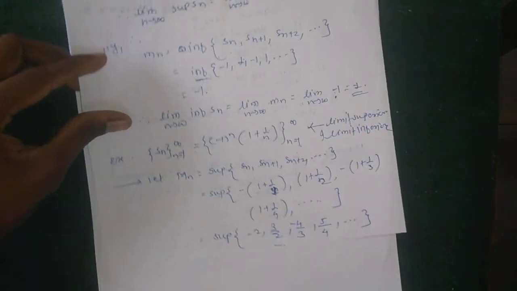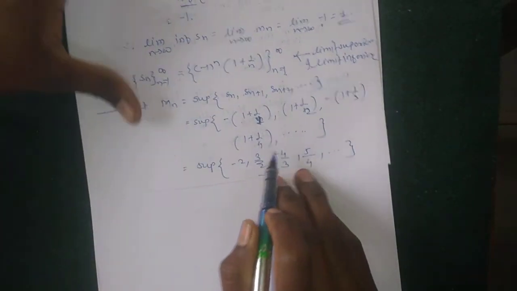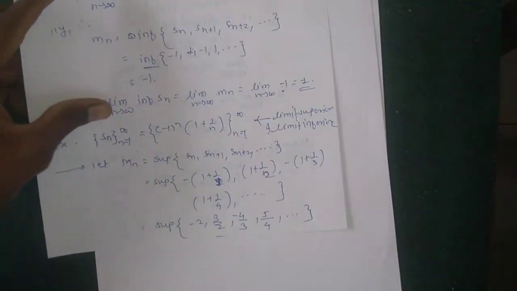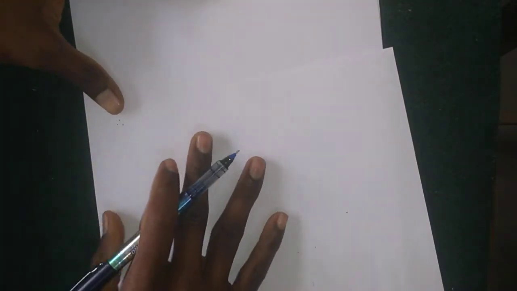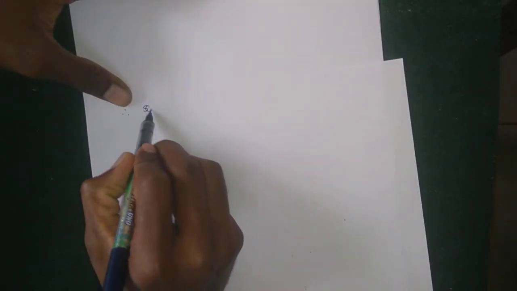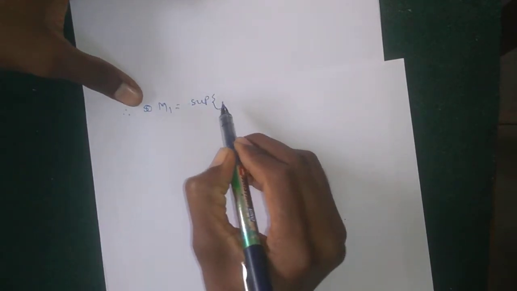Okay, so M1, the first term of this Mn, is the supremum of all these elements. Therefore, the supremum of M1 is equal to the supremum of all these terms.